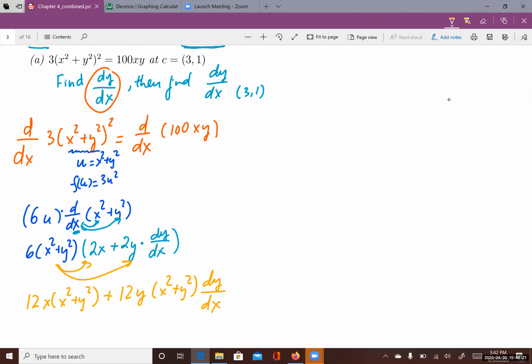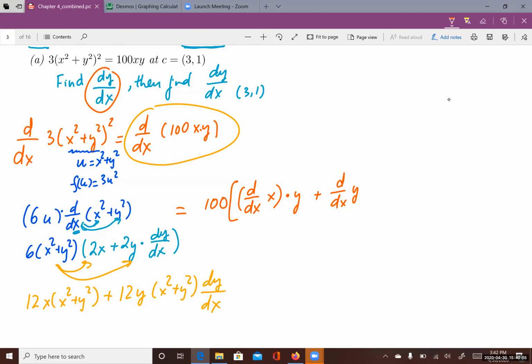Now go to the right side. The right side is when you need to find d/dx of 100 times x times y. I can pull the 100 out, and this is a product, so you have to use the product rule. The product rule says you take the derivative of the first function, multiply by the second function, plus the derivative of the second function multiplied by the first function.